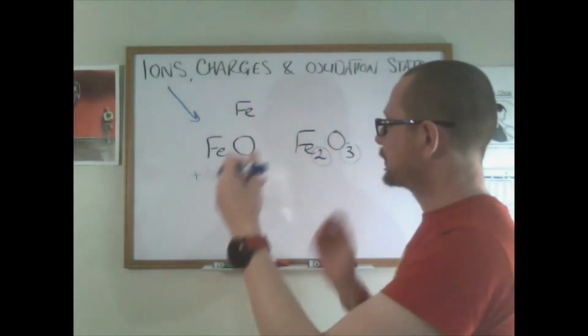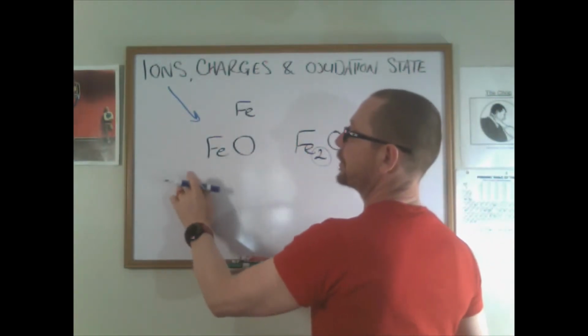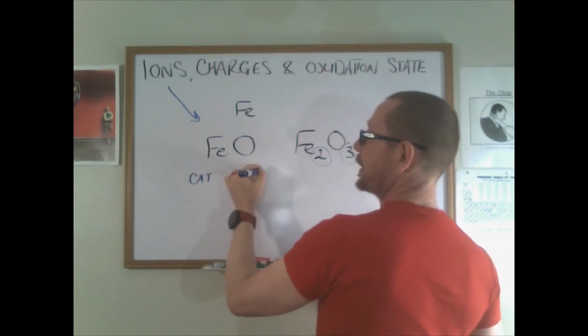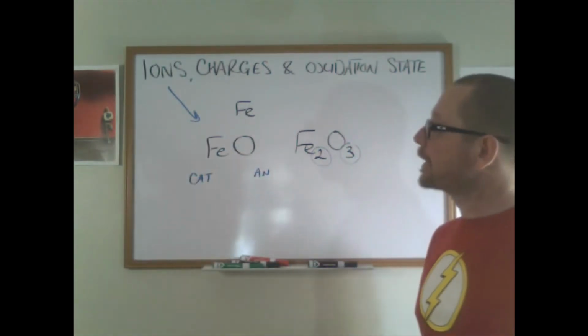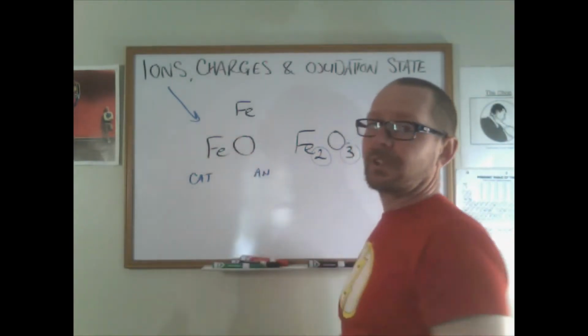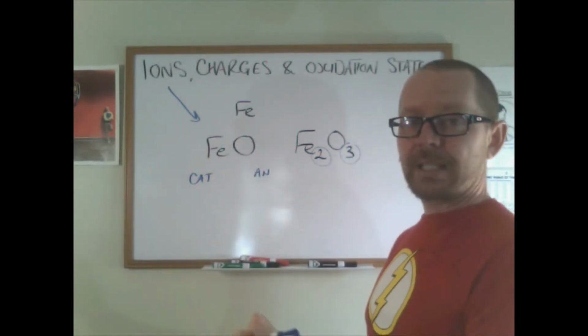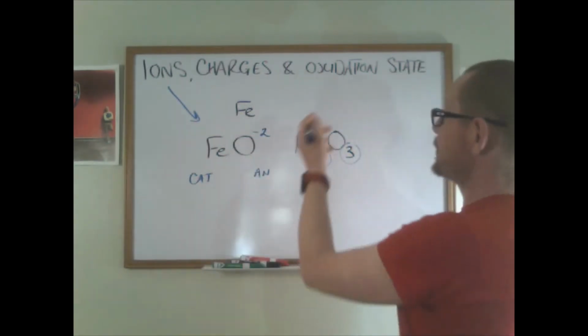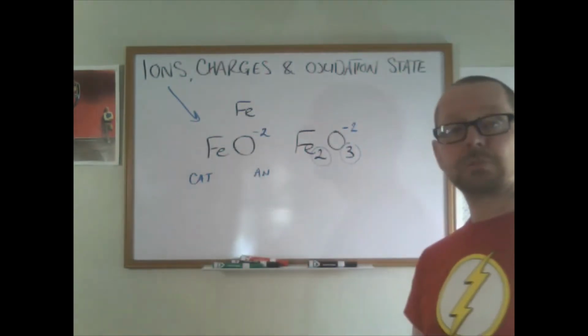Positives before negatives. It's just what we all agree to do. And so another way of saying this is we write cations before anions. Okay? Oxygen, in its normal anionic state, simply takes a -2 charge. And it takes a -2 charge over here as well.